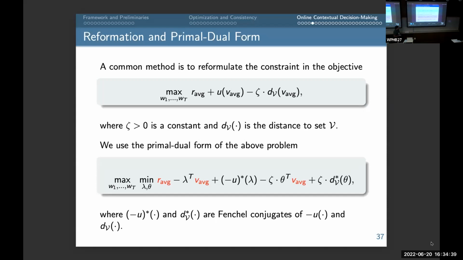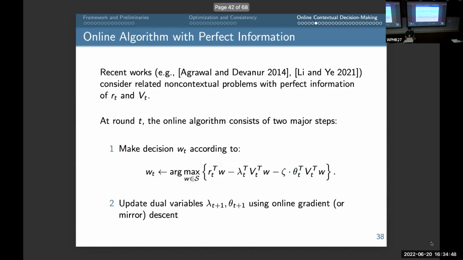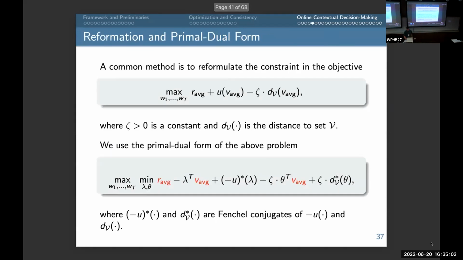If you consider the Fenchel conjugate of the utility function as well as this distance function, it leads to this primal dual form. Skipping some details, in case you're not too comfortable with Fenchel conjugates, that's okay. The important point is that at the end of the day, what it boils down to is a linear optimization problem. The main benefit of taking this Fenchel conjugate of the utility and the distance function is that it exposes the linear structure of the problem.